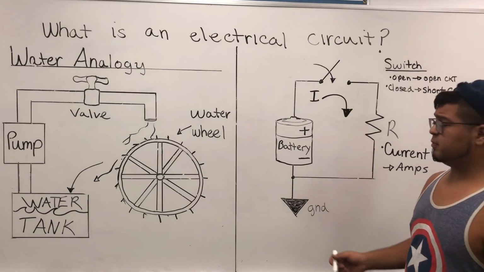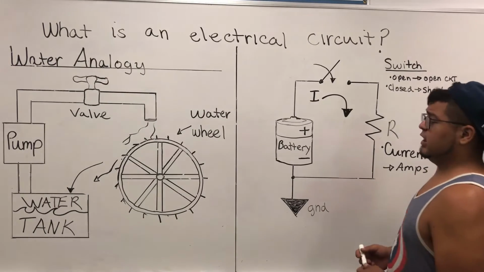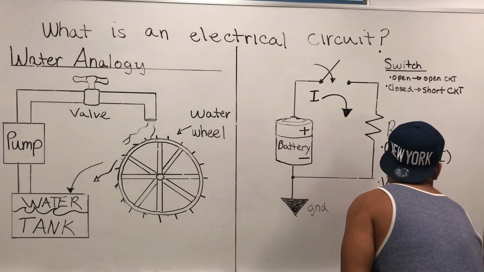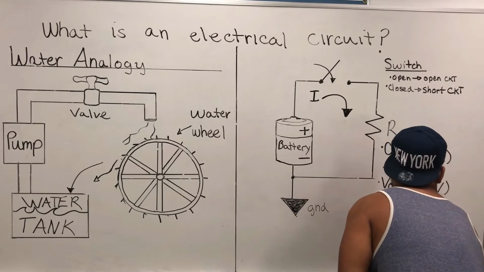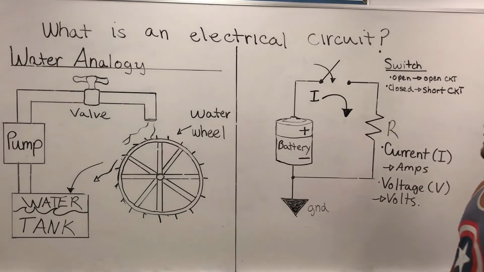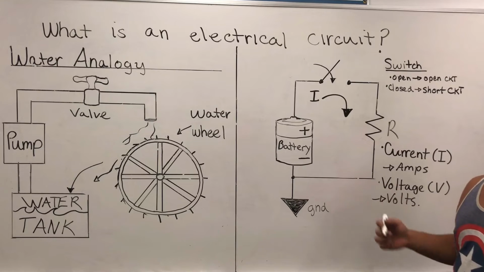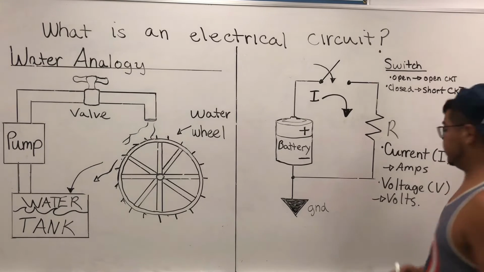Well, voltage is measured in volts and is labeled with a V. And then finally we have a resistor, which has a specific resistance. Resistance is measured in ohms and can be labeled with an R.